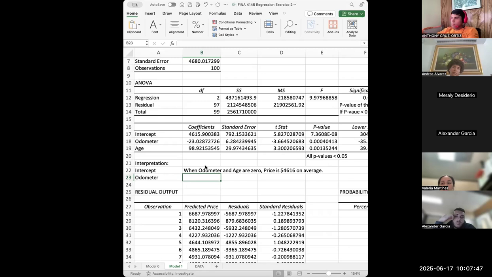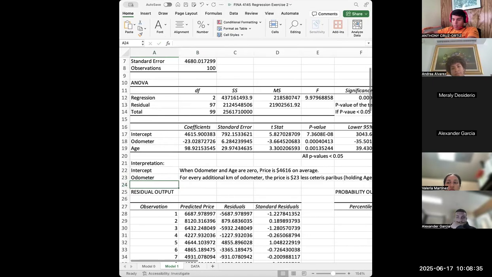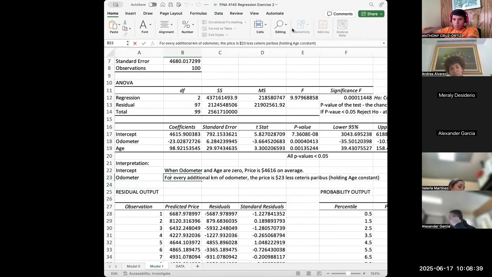So you say, for every additional kilometer of odometer, I guess I have to just stick that in there, the price is $23 less, and you say ceteris paribus, which means holding age constant. It doesn't mean 0.